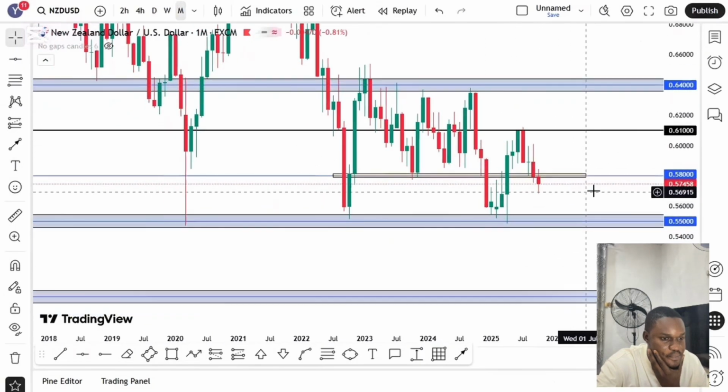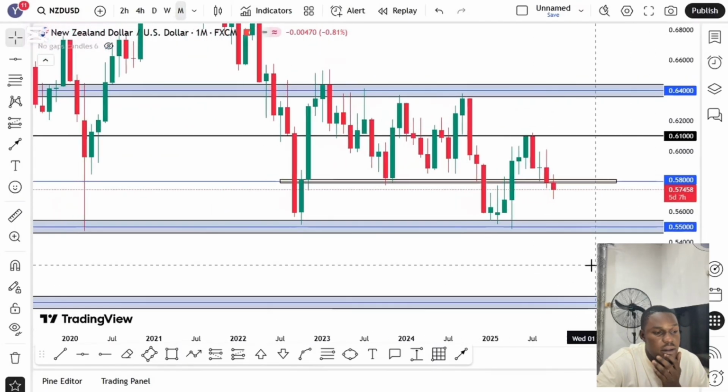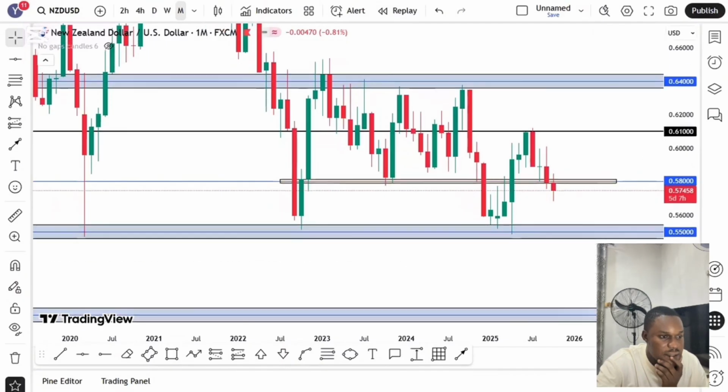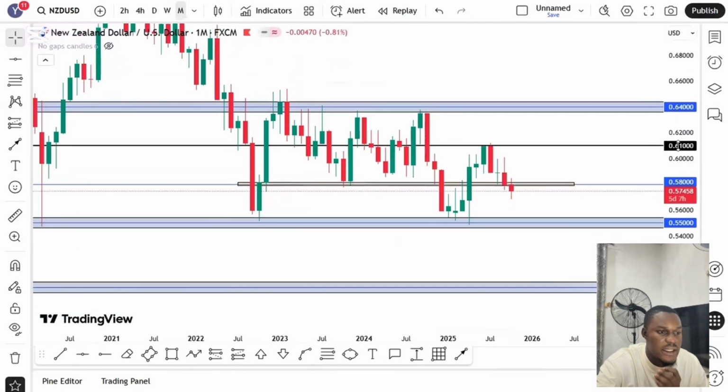But the NZDUSD analysis: as you can see, I also have some key levels around this region.